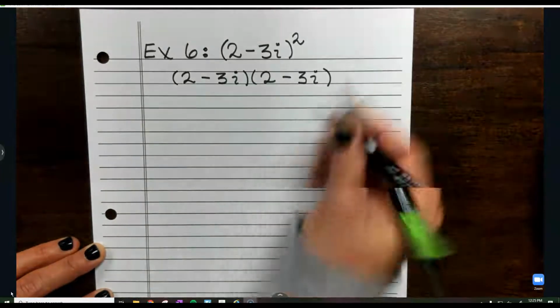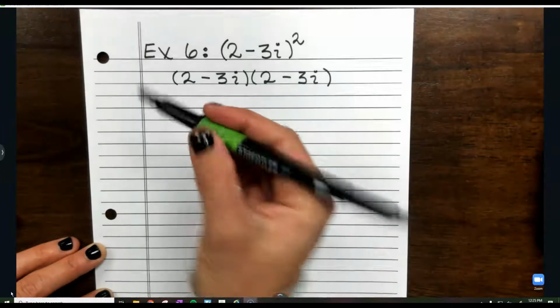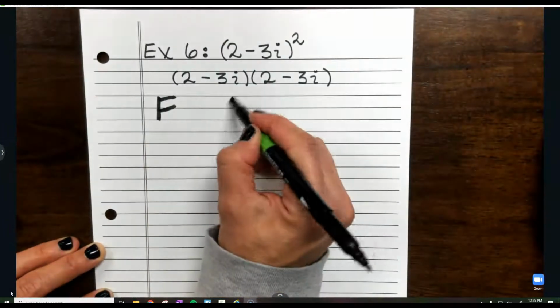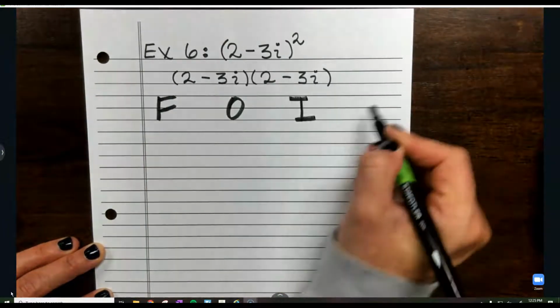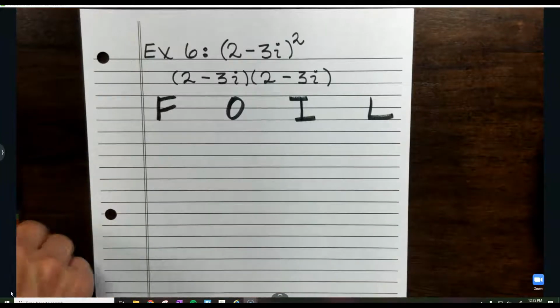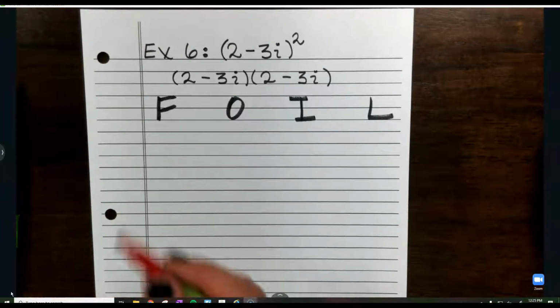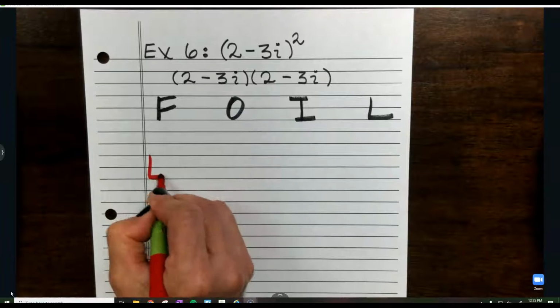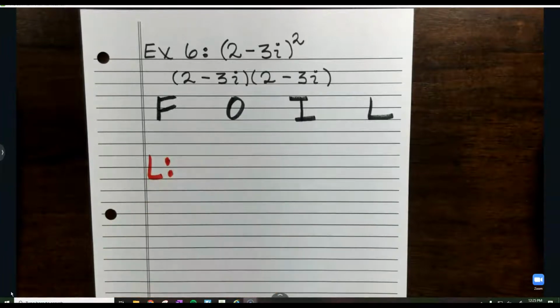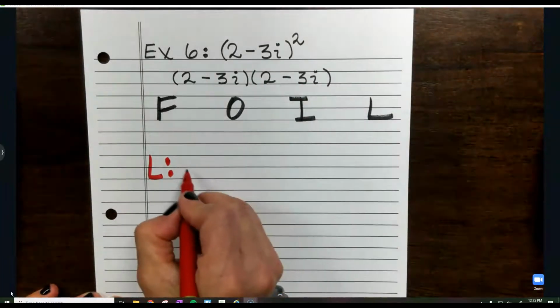And then right below that, I'm writing the word FOIL across the width of my paper. And then I'm starting with the last. So remember, the last two terms are the same, negative 3i and negative 3i.